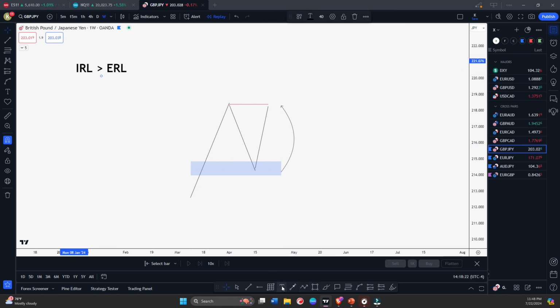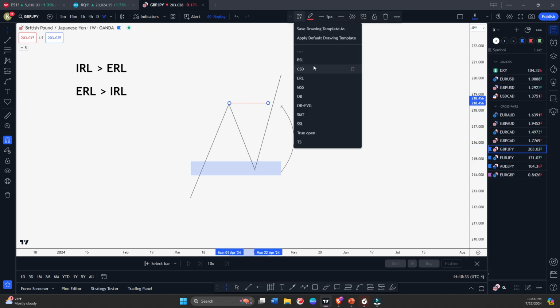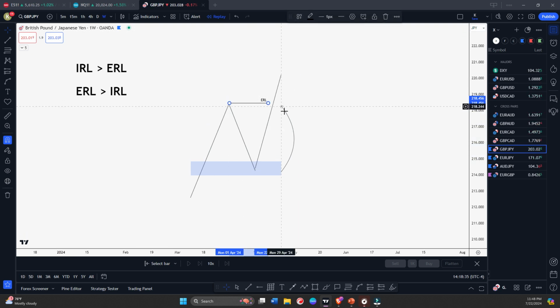If for you it is easy to find external to internal, let's say we grab this external range liquidity, for example. Let's say here we have grabbed this external range liquidity as a target. You can mark, let's say, a fair value gap here.